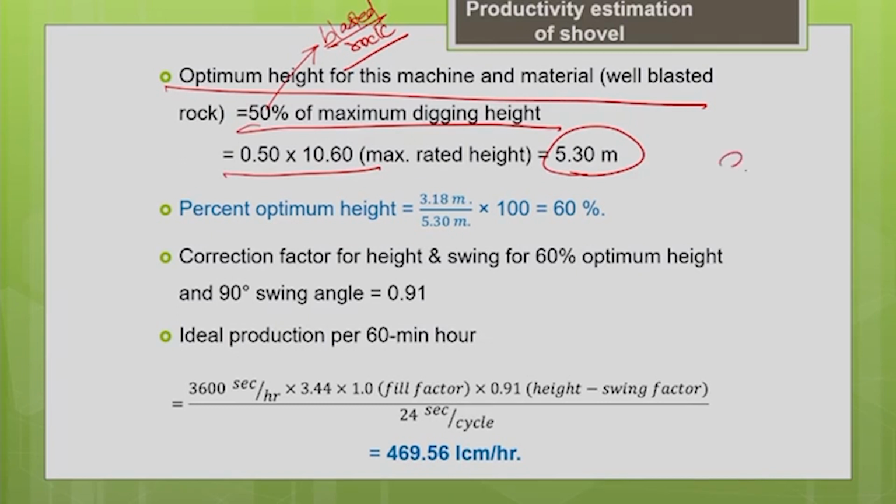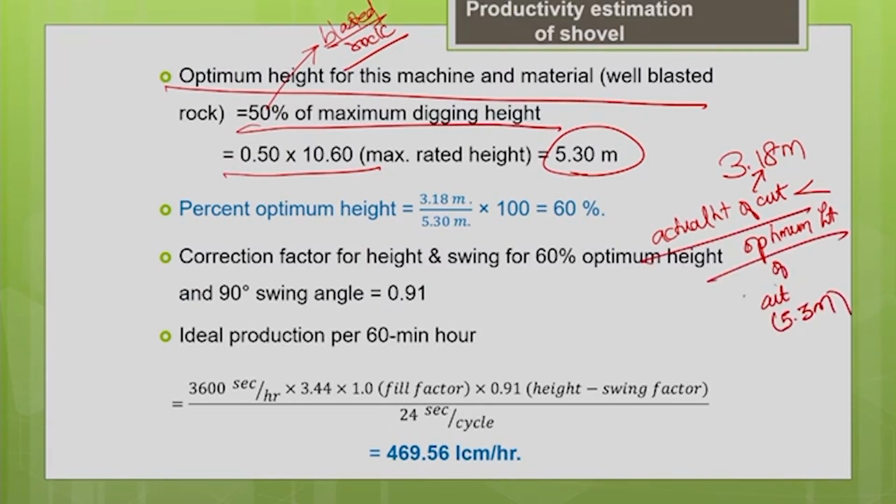It is 3.18 meter. So, it is less than the optimum height of cut, which is 5.3 meter. Since it is less, obviously your production is going to be less. So, based upon the height we have to adjust the productivity.